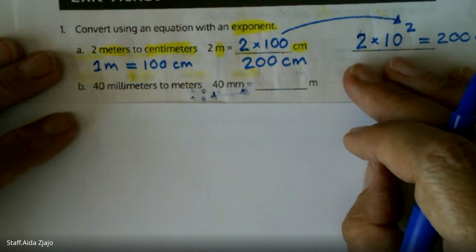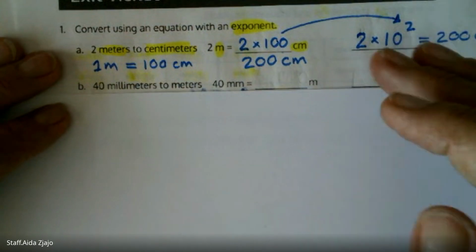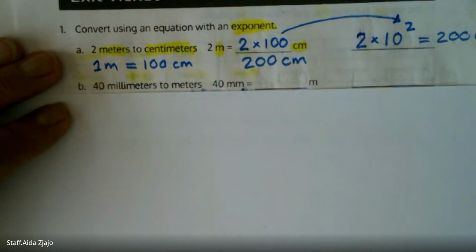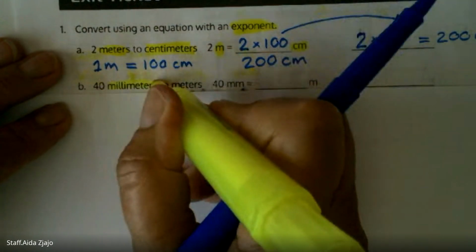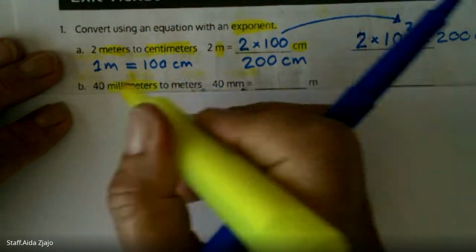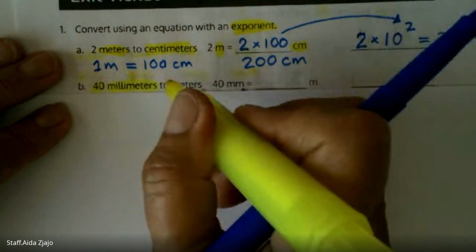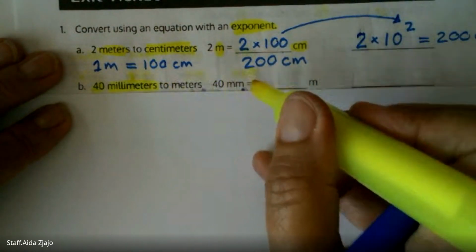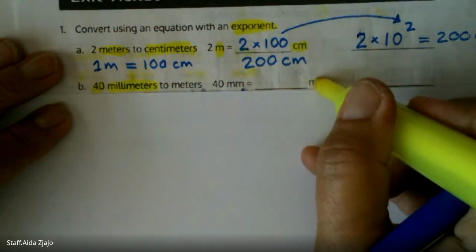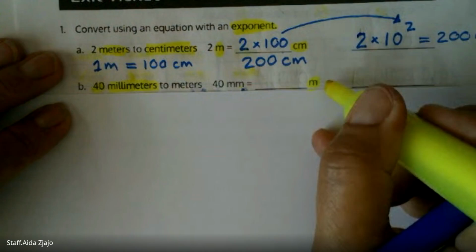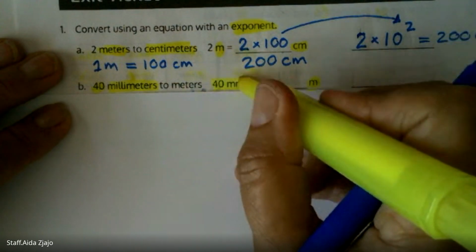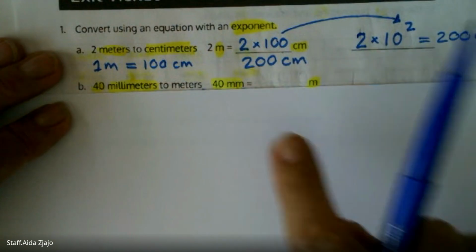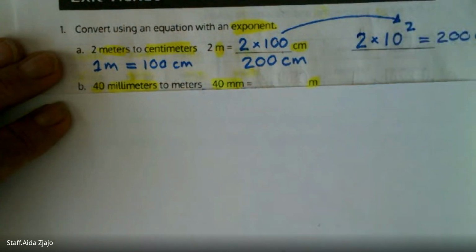Okay, next, B. It says 40 millimeters. Milli is the smallest unit in the metric system. You have 40 millimeters. That means you need to change it into a bigger unit, into meters. So when you have a small part of it, this is how you look.